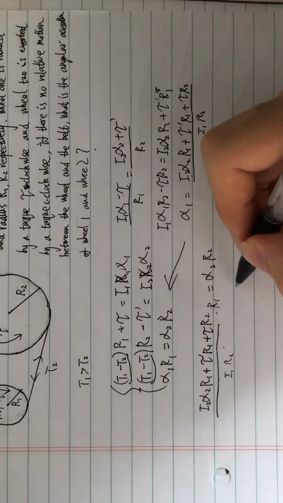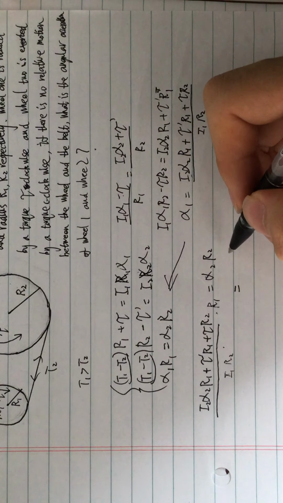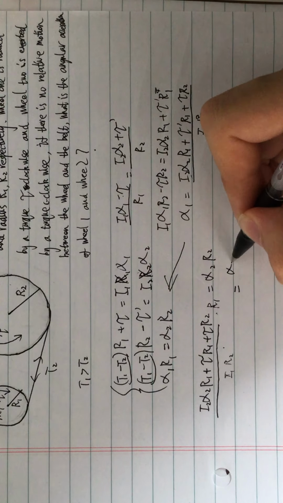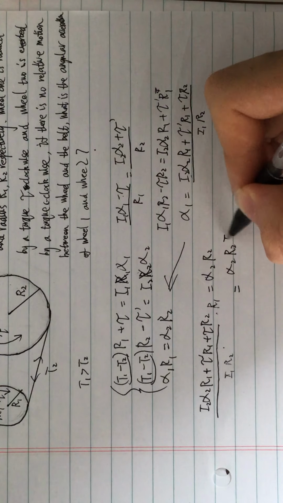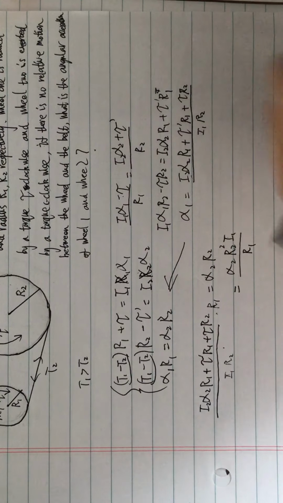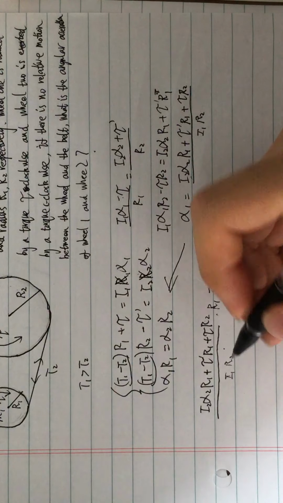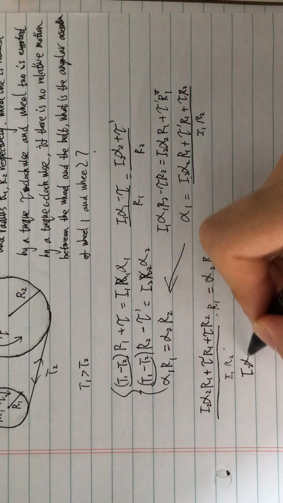Now we can divide both sides by R1 and multiply both sides by I1 R2.